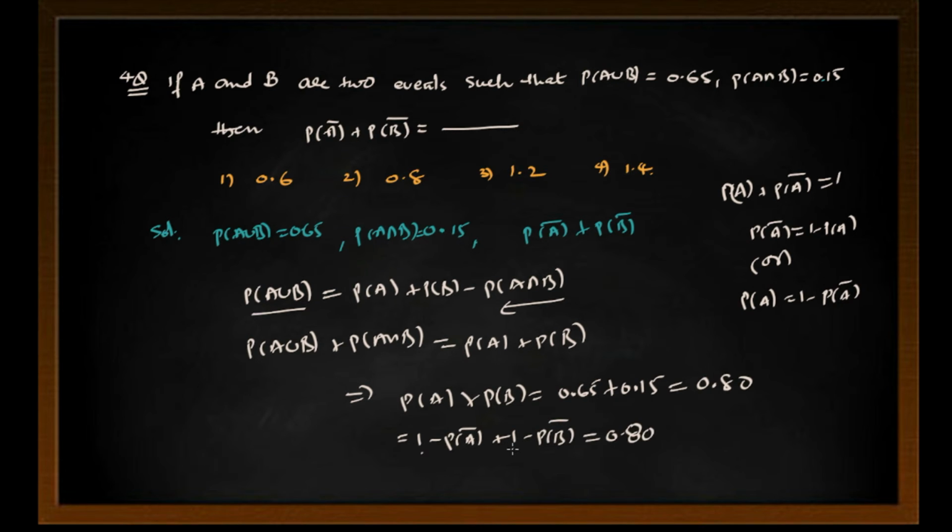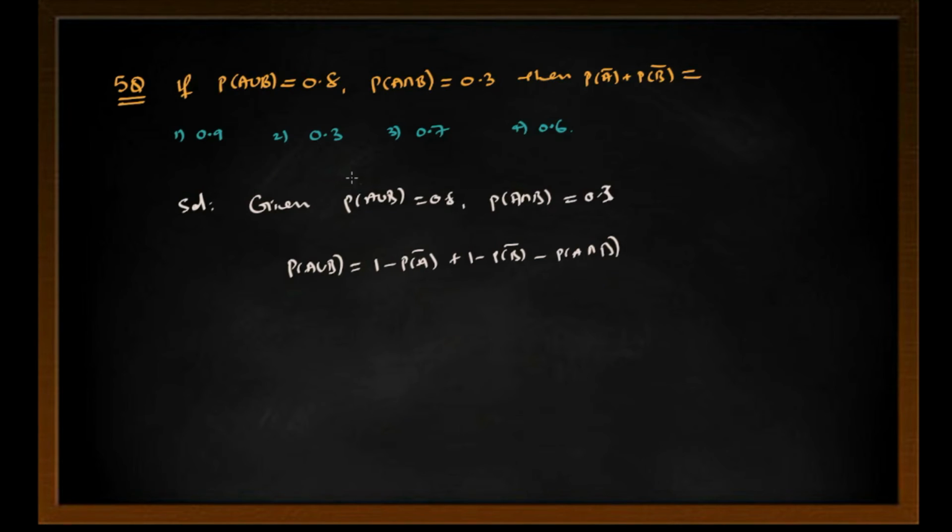So 1 plus 1 is 2. So we are sending this outside, so 2 minus 0.80 is 1.2. Therefore, P of A bar plus P of B bar equals 2 minus 0.8, that is 1.2. So the third option is the right option.